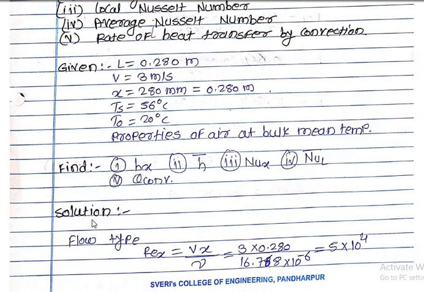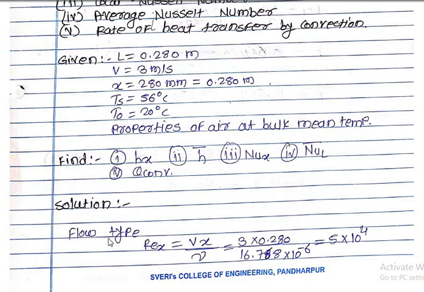So first of all, we have to find out the type of the flow. For that purpose, we need to find out the Reynolds number. So local Reynolds number can be determined as Re suffix x is equal to V multiplied by x divided by nu, where V is the velocity, x is the distance of that particular location from the leading edge, and nu is the kinematic viscosity. So all the values we know.